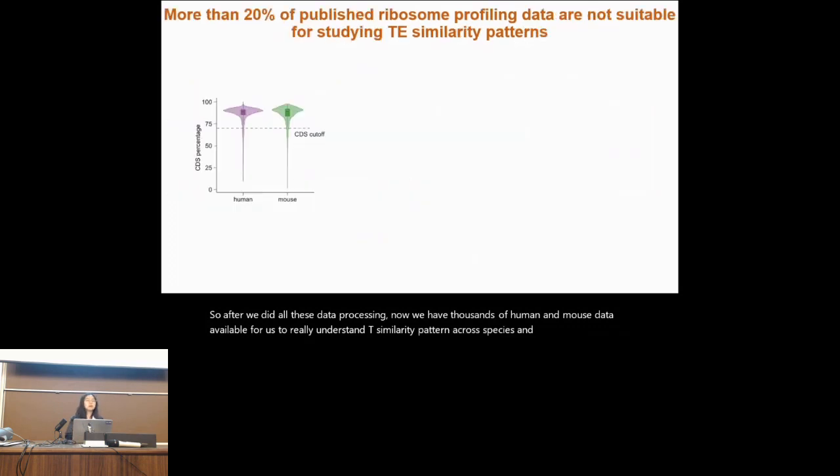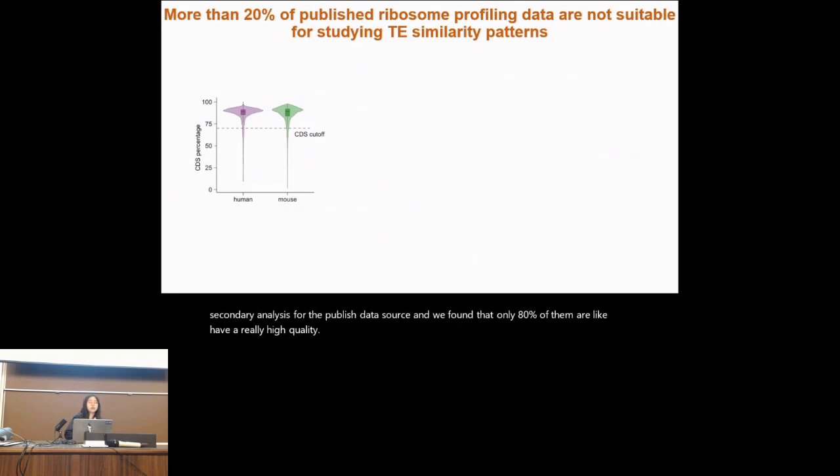And there's another very interesting thing that I want to highlight: we also did a secondary analysis of the published data sources, and we found that only 80% of them are of really high quality.